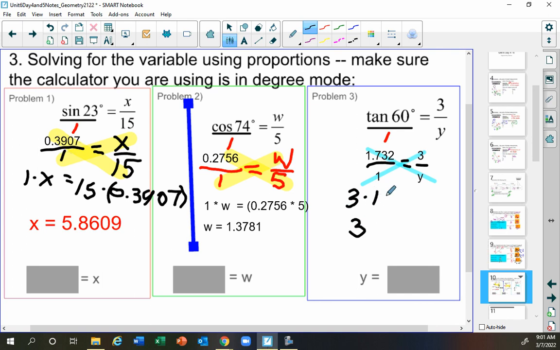Now, can we do anything with that 1.732 times Y? It's just going to be 1.732 times Y, right? Can't do anything yet, yeah?